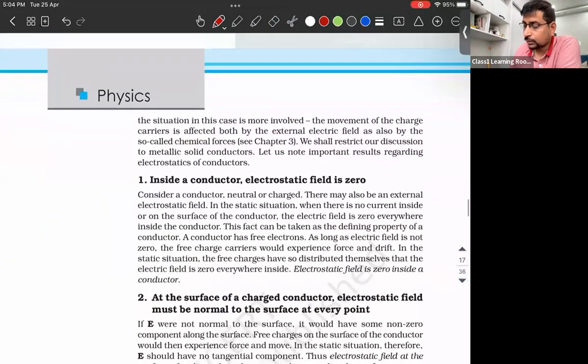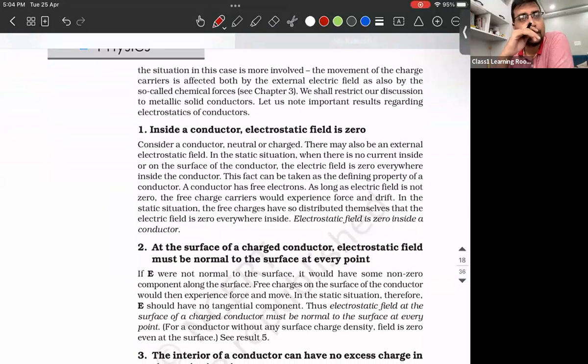Okay. So when I talk about the electrostatics of conductors, there are 6 points that we are going to understand. The first point says, inside a conductor, electrostatic field is 0.